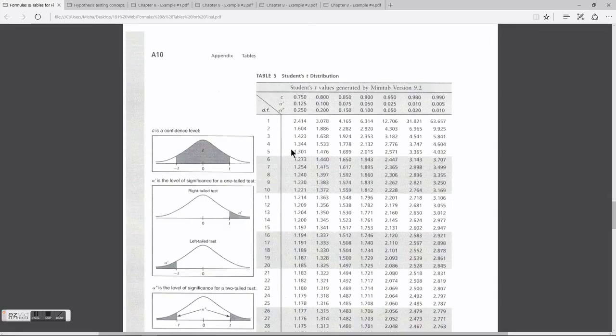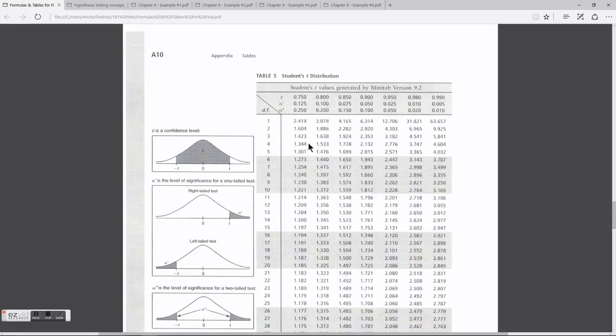But what we might notice is right off the bat, the very first t-value is already bigger than the t-value we calculated. In other words, when I have degrees of freedom equal to 4, if I had a t-value of 1.344, the two-tail area for that would actually be 0.25. So again, as the t-value gets bigger, the tail areas get smaller.